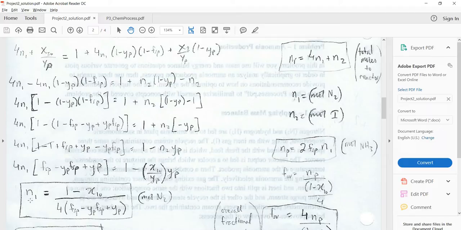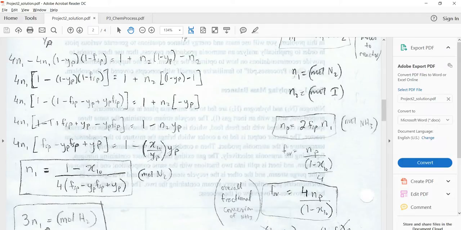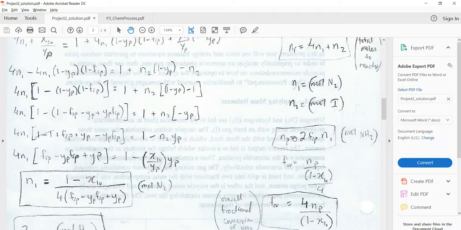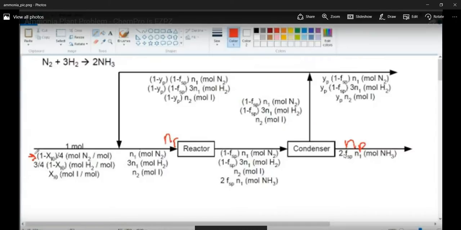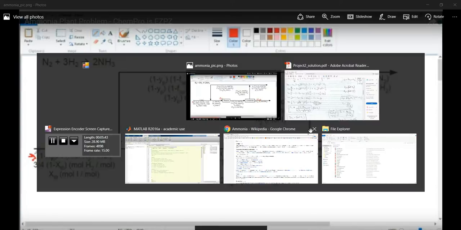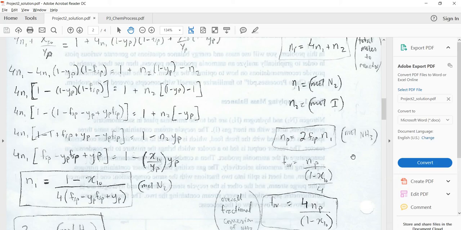At this point, we can find N1 according to our given variables. Our given variables are xi naught, FSP, YP. And from there on, we find the moles of hydrogen by 3 times N1. And then over here, since our NP was 2 FSP N1, we can also find NP by using that same formula.